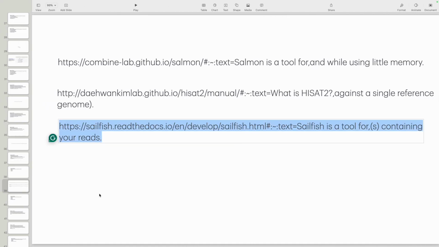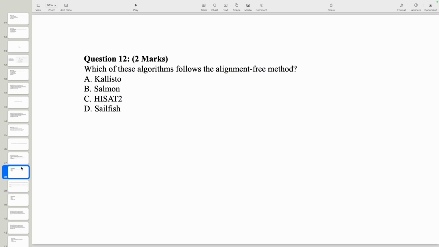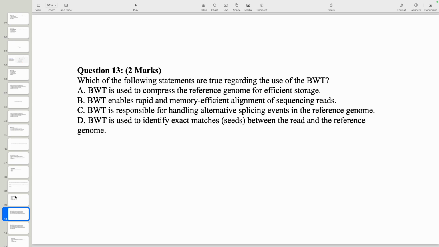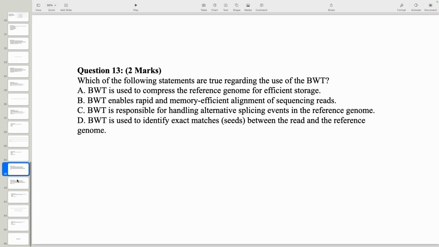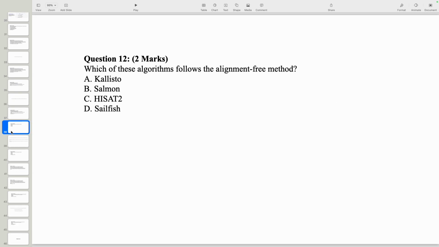Please go through it and try to find how this quantification is being done by various tools. Okay, so for Kallisto not given, right? Okay.